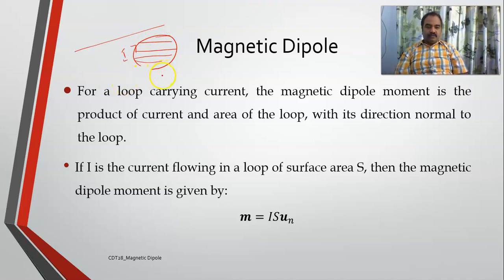The direction of the magnetic dipole moment is always normal to the loop, in this fashion or in this fashion depending upon the direction of the current. So if I is the current flowing in a loop of surface area S, the magnetic moment, normally represented by the letter m, is equal to I into S into the unit normal.